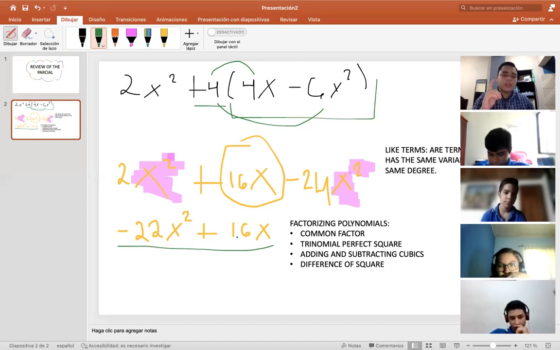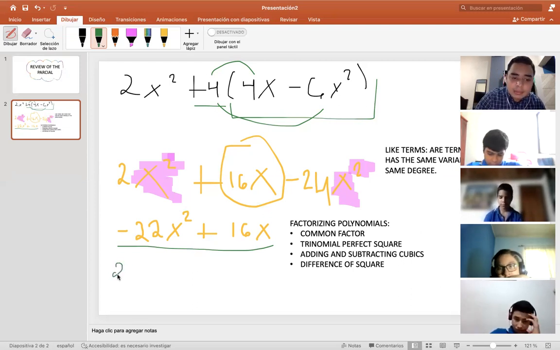They are multiples of 2. What about the variable? Do you see anything that they have in common about the variable? Yes, the x. So we can say that they have the number 2 in common and they have the variable x in common. So it is a common factor.